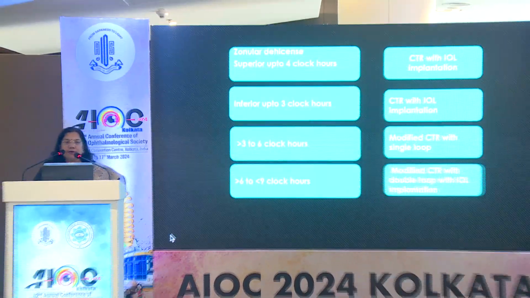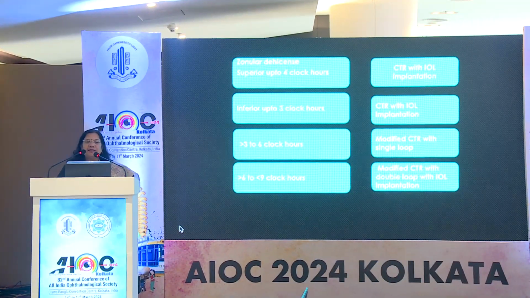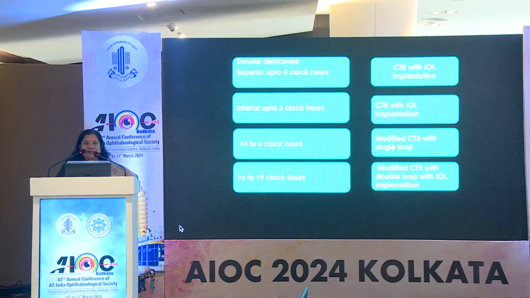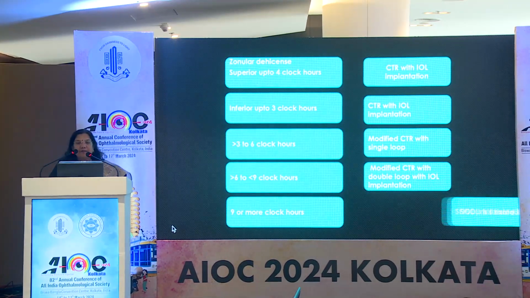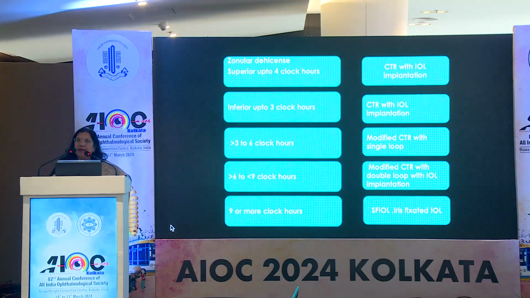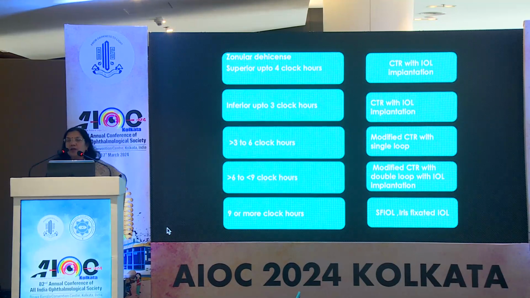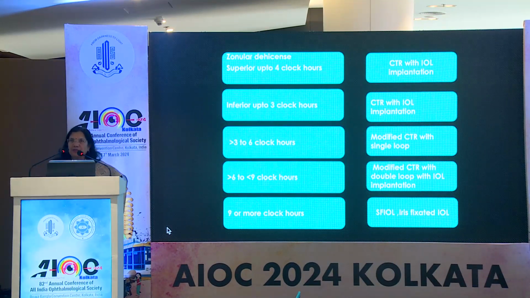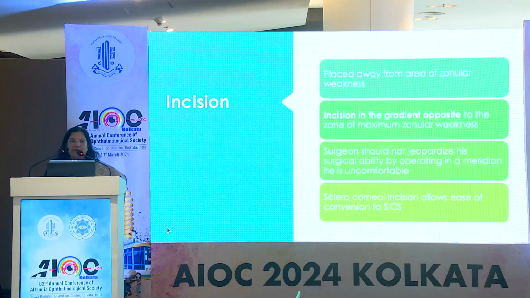Between 6 to 9 clock hours, a double loop CTR or some modified devices with IOL implantation. For a very large subluxation, you may defer the in-the-bag IOL and prefer to do an SF IOL or iris fixated lens. That is why the number of clock hours of subluxation is very, very important.